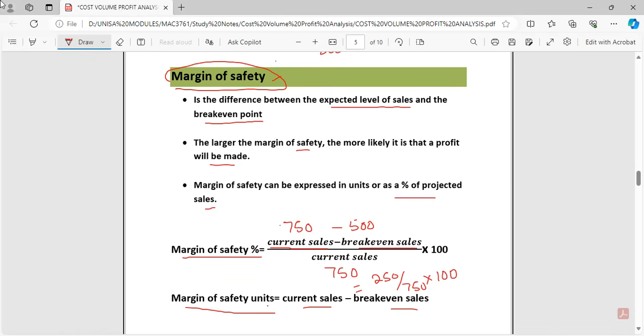So which means we're going to have 33.33%. Are we safe? Is this safe? What are you going to say as a management accountant? Are you going to say that these guys are still a bit safe?